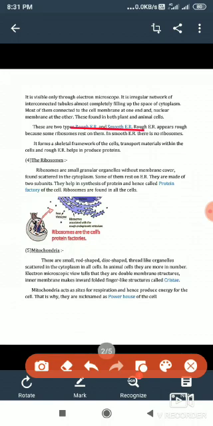Rough ER actually appears rough because small particles called ribosomes are resting on it, and this is the reason why some of the endoplasmic reticulum appears rough. But the other endoplasmic reticulum where the ribosomes are not resting appears smooth. This is the only difference.